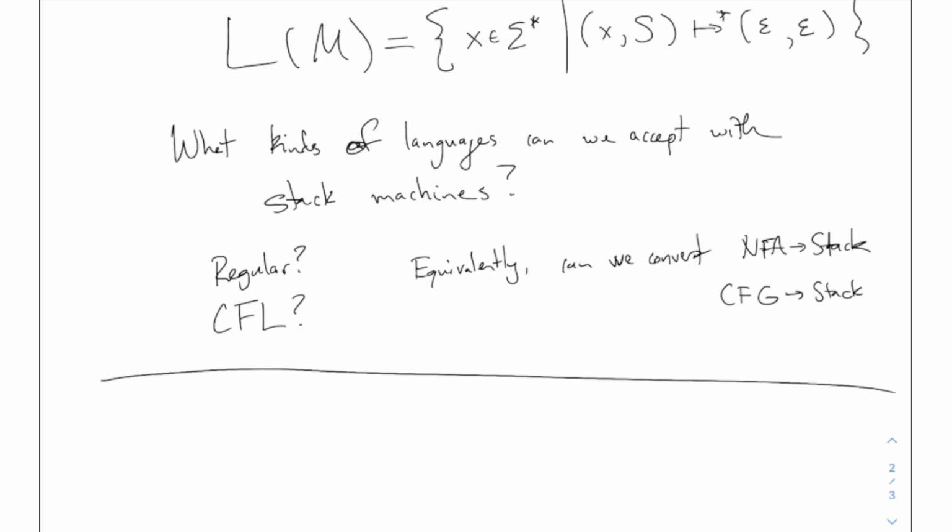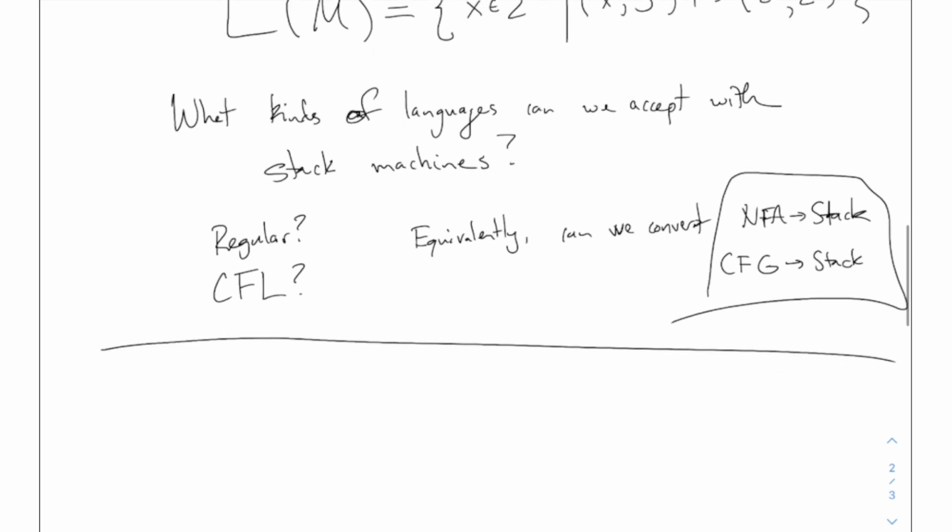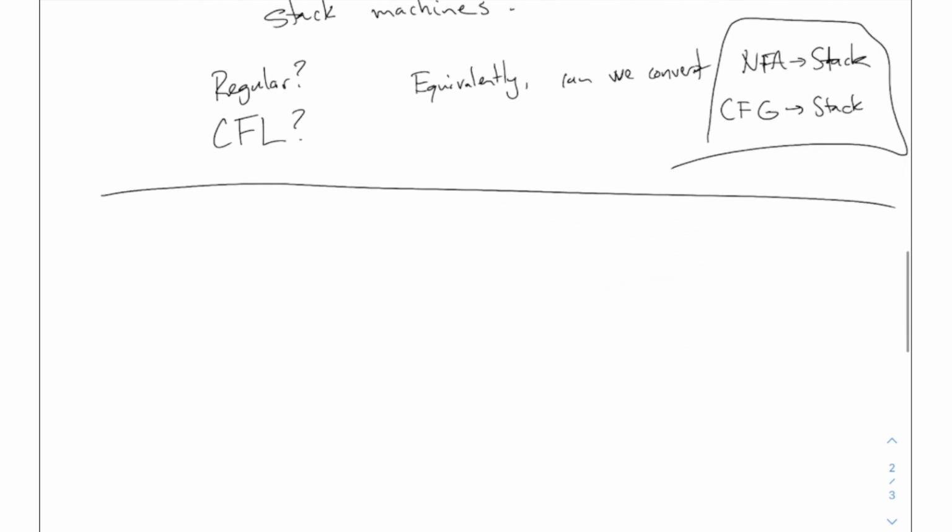Or if that second one is possible, you could make a context-free grammar and convert it to a stack machine, which in my opinion is easier than creating the stack machine by hand. So these are theoretically interesting conversions, but also useful just because, in my opinion, making a stack machine from scratch is often difficult.